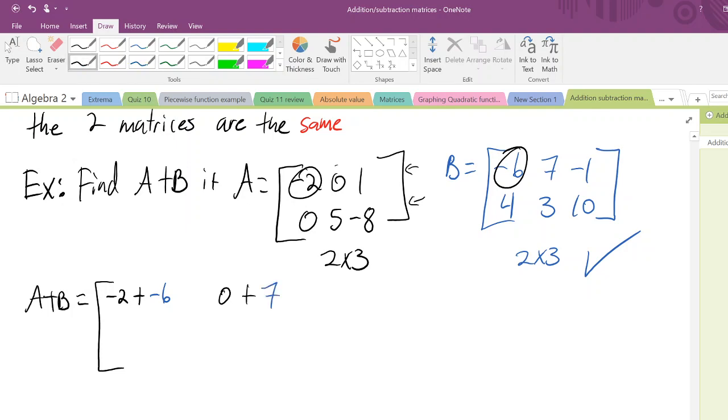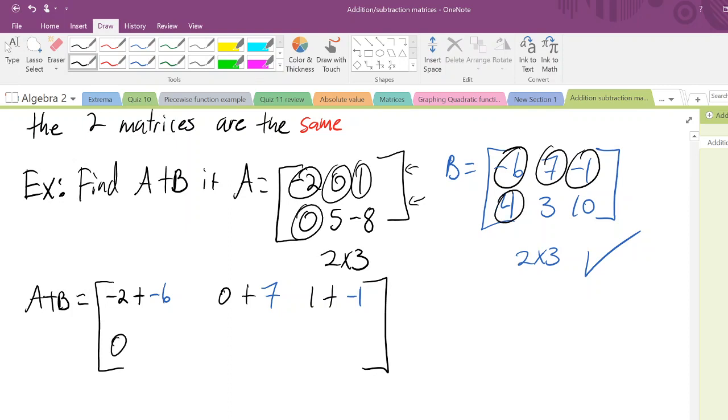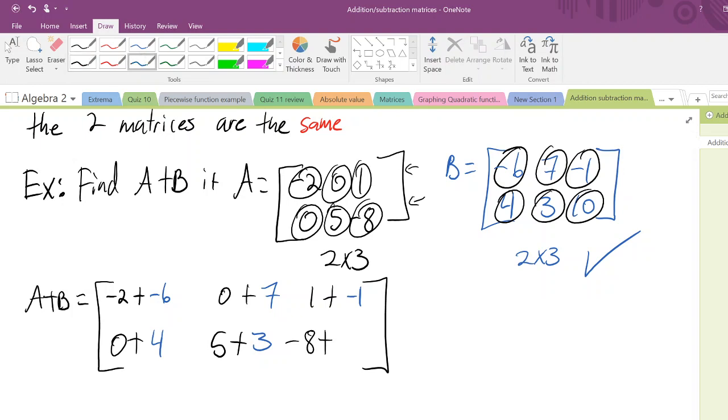The next one is 1 plus -1, and then 0 plus 4, and then 5 plus 3. And the last one, -8 and 10, so -8 plus 10.